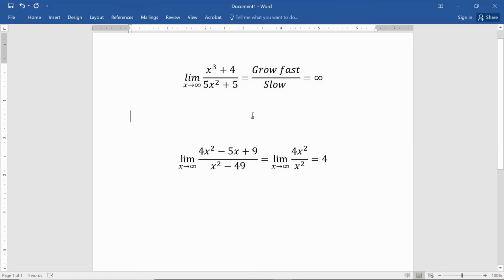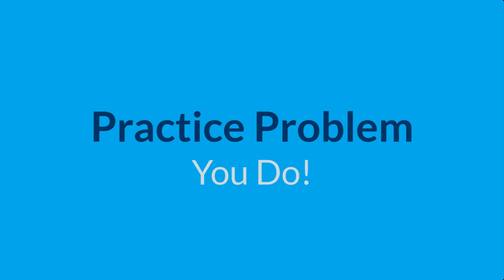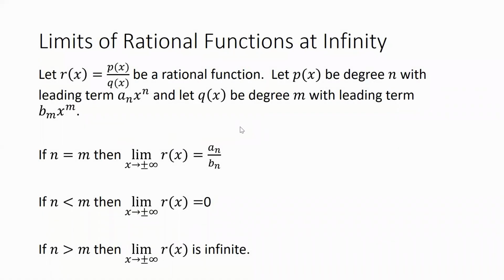So it only works thinking of these limits that way when we think of the limits as x goes to infinity or as x goes to negative infinity. That is the reason why we can find the limits of rational functions at infinity. Once we know this, then we can find these limits really, really quickly.